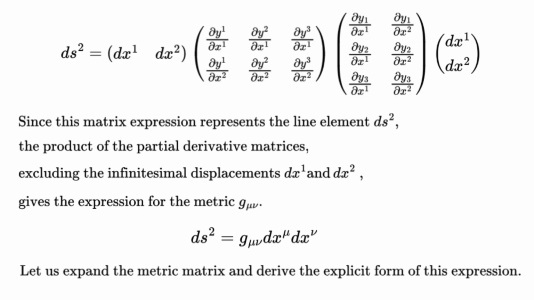Since this matrix expression represents the line element ds squared, the product of the partial derivative matrices, excluding the infinitesimal displacements dx1 and dx2, gives the expression for the metric g mu nu.